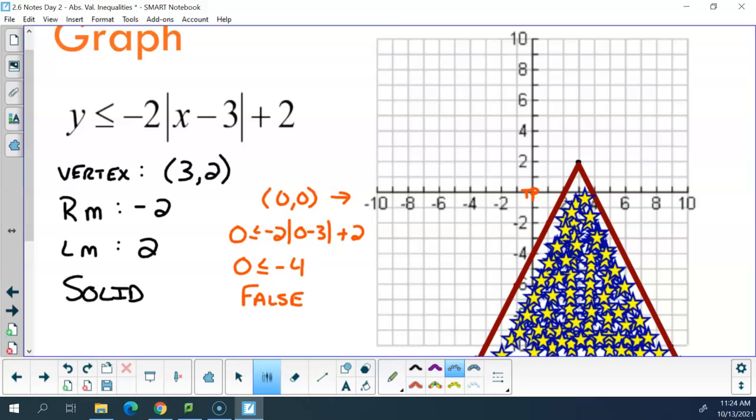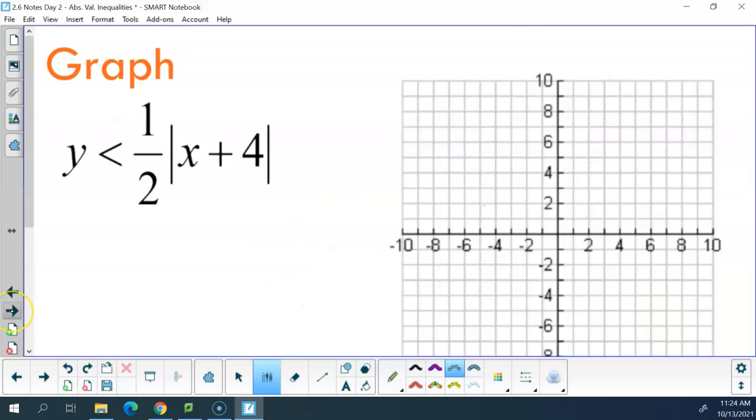Questions, comments, concerns? Try that one. Vertex.